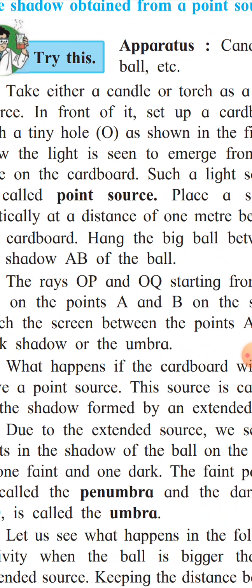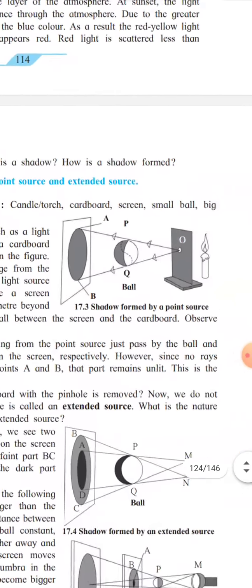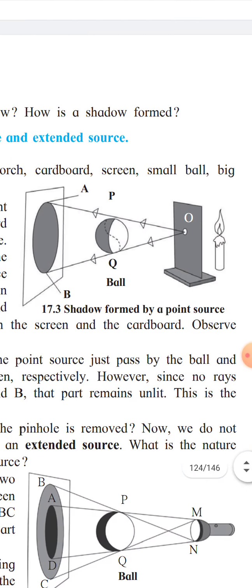When an object is placed in the path of light emerging from the point source, as you will see in this diagram, only one shadow is formed on the screen. The shadow formed is dark and it is called umbra.